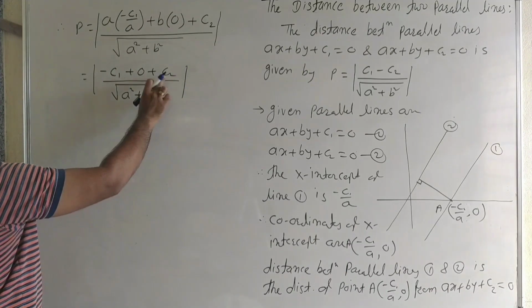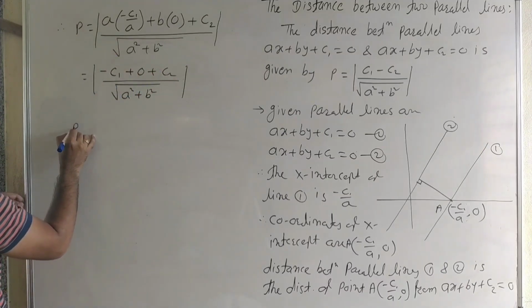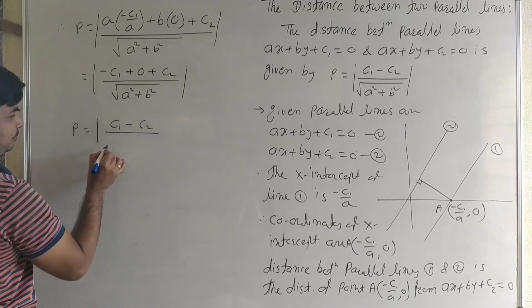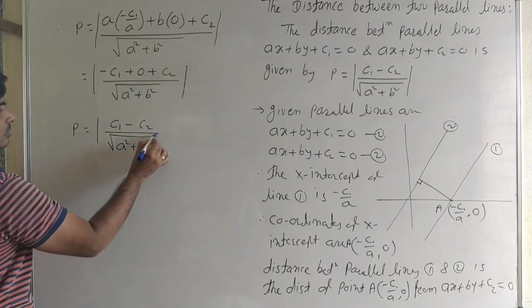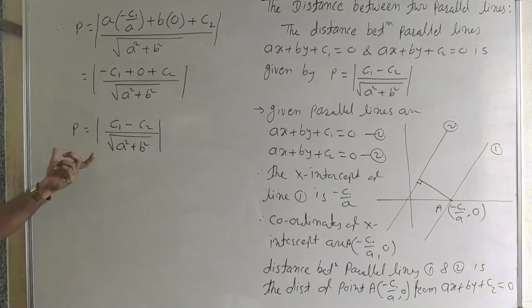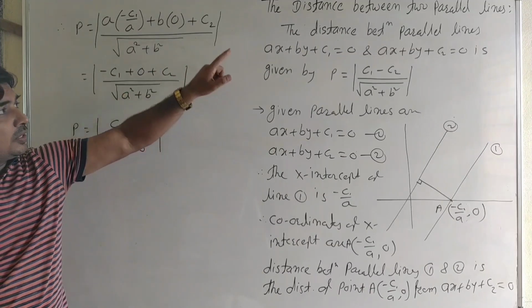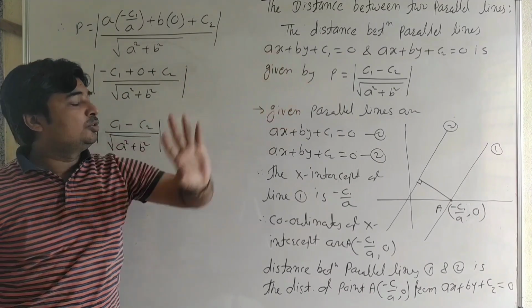Here minus c1 plus c2 means c2 minus c1, but it is a modulus, therefore we can write c1 minus c2 upon under root of a square plus b square. Okay, here it is the distance between two parallel lines whose equations are ax plus by plus c1 and ax plus by plus c2 equal to 0.